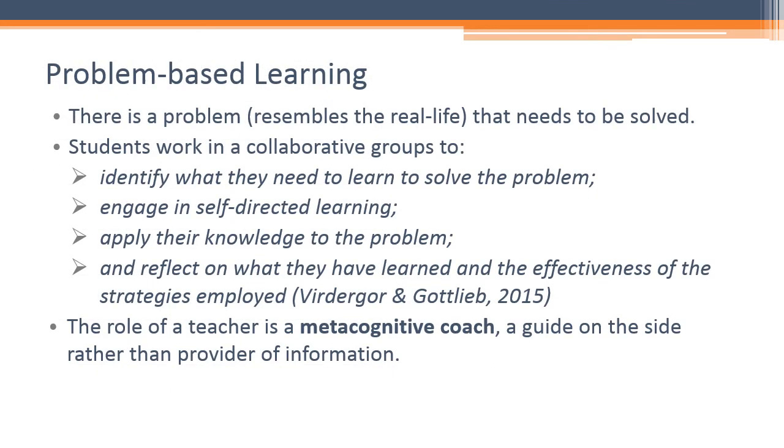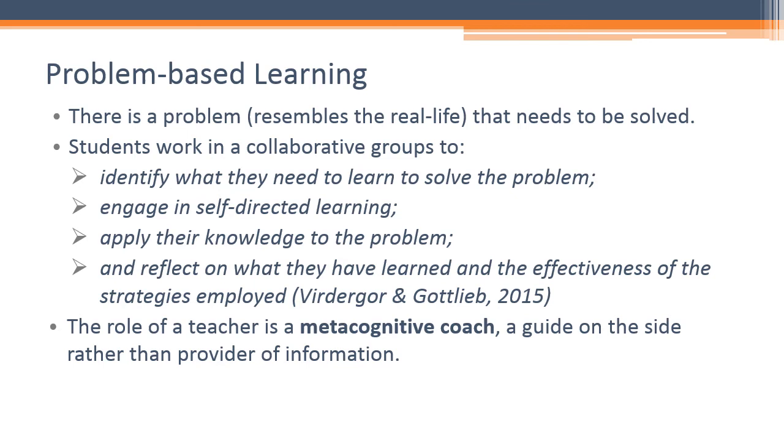Now, another method for teaching students with gifts and talents is problem-based learning. So upon hearing problem-based learning, there is a problem that simulates real life that needs to be resolved. Okay, so the core of problem-based learning is the problem that needs to be solved.